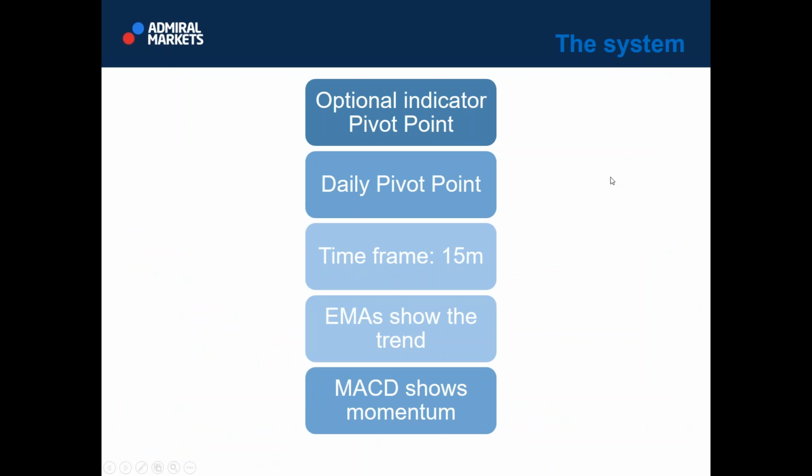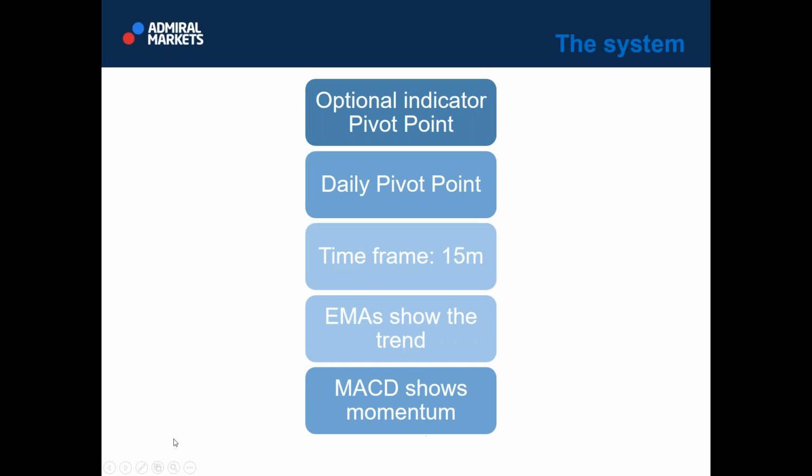So the system will use an optional indicator, and it should be a pivot point indicator. Now, I'm not necessarily referring to my pivot point indicator, but of course, if you're interested in this system, you can just send me an email after the webinar, and I will send you the system. If I don't do it immediately, I will send it later during the evening or tomorrow.